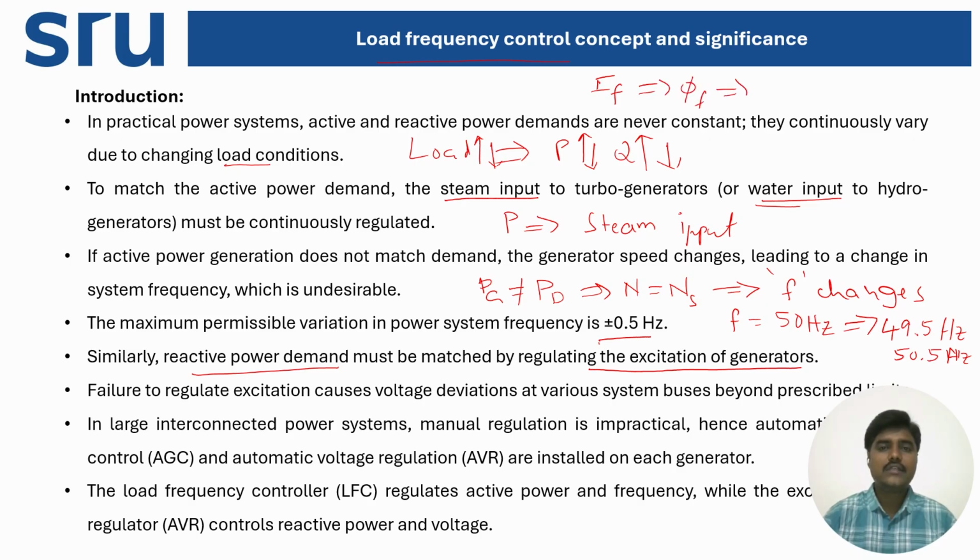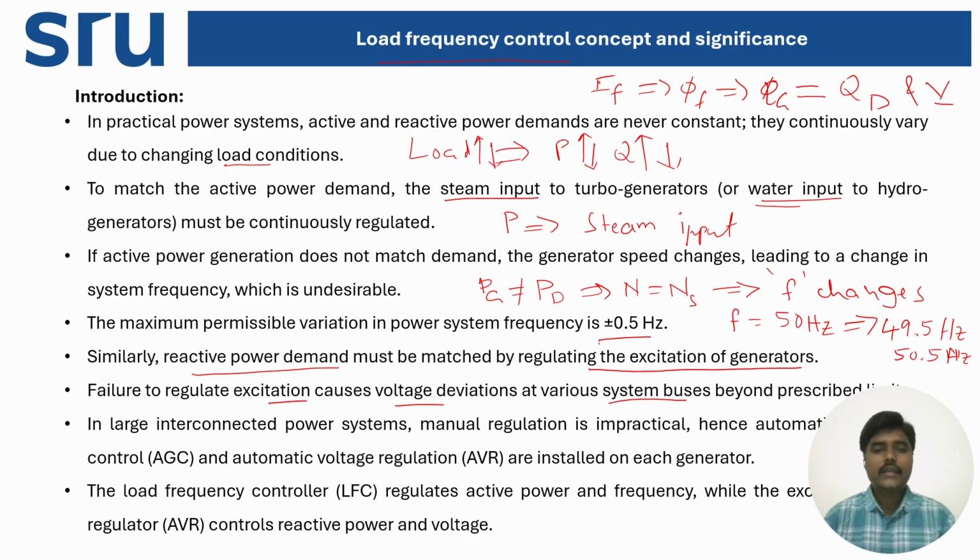When the field flux changes, the reactive power generation QG also changes, so that you can bring Q generation equal to Q demand, the reactive power demand. If there is a failure to regulate the excitation, it will cause changes in the voltages at various system buses, because whenever you change the field flux, the voltage generated by the generator also changes.